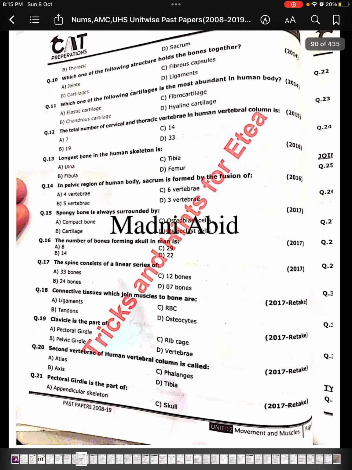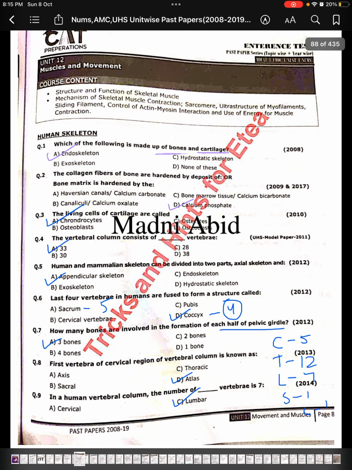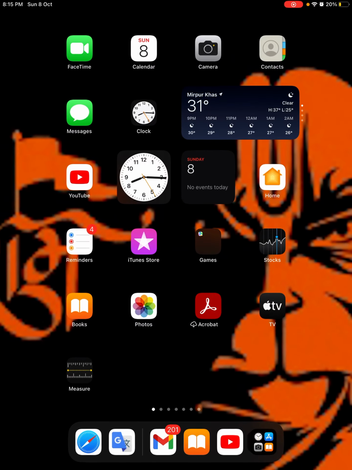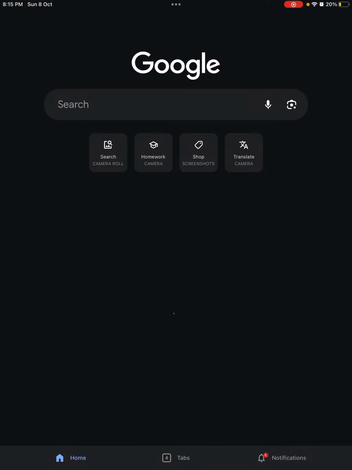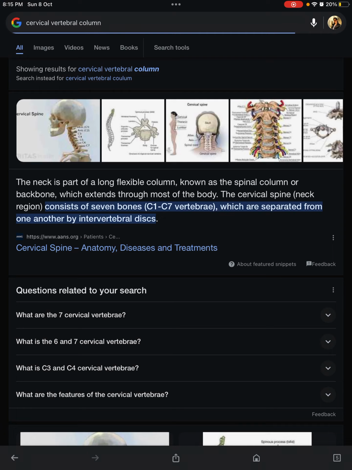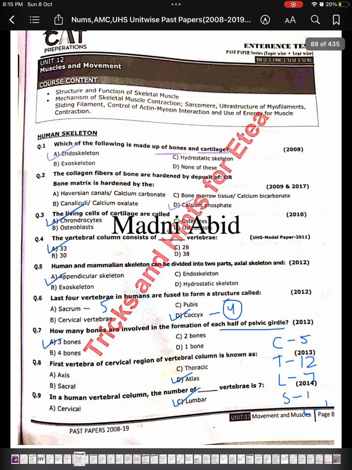9A is correct. Cervical has how many? In the human vertebral column, let us check on Google. Let's check the cervical vertebral column. How many bones are there? Okay, yeah, in cervical we have 7. So I was wrong over here.